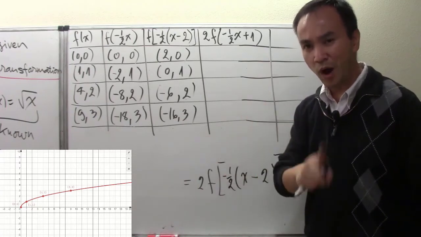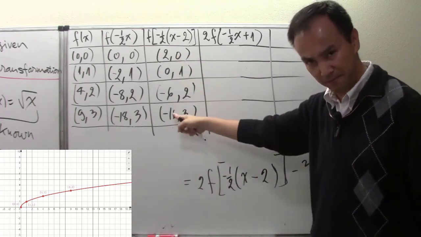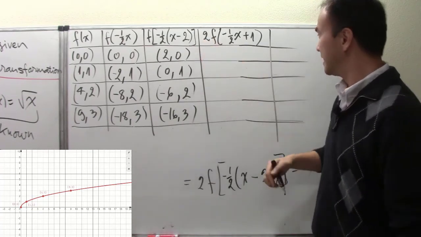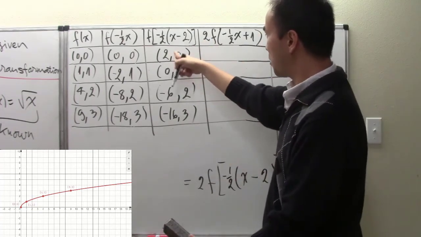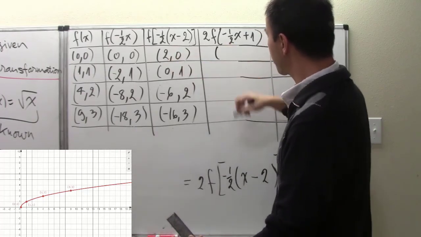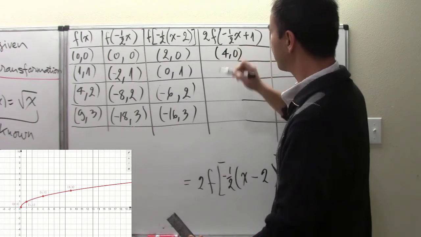Multiply every y value from the preceding step right here by 2. So now this point here currently at (2, 0) is transformed.